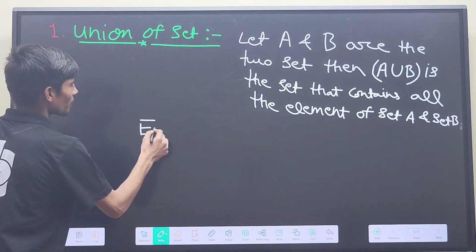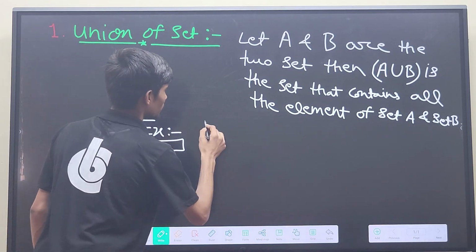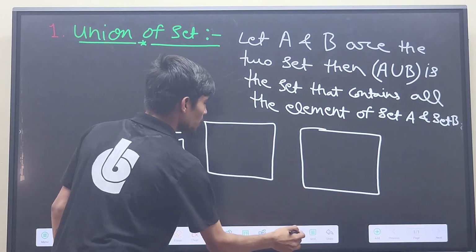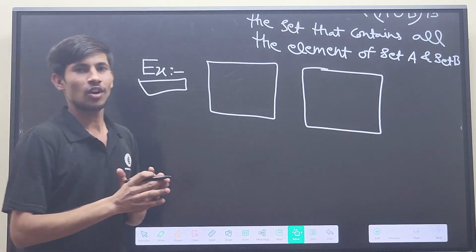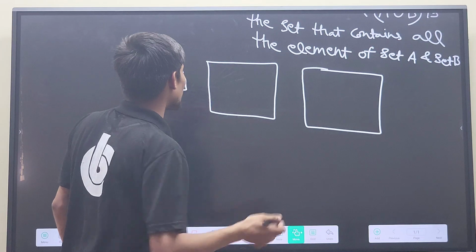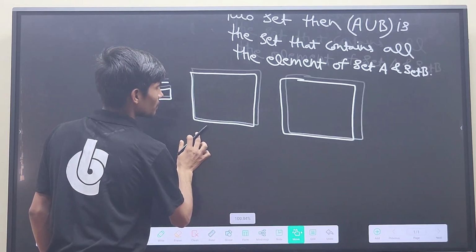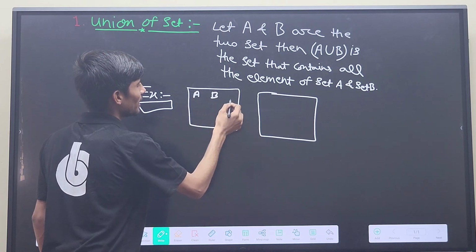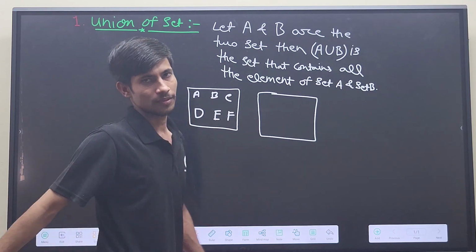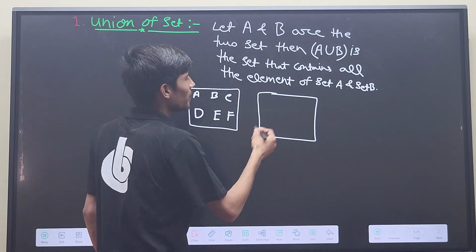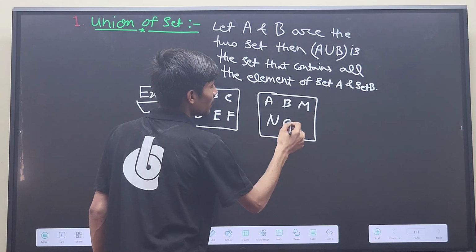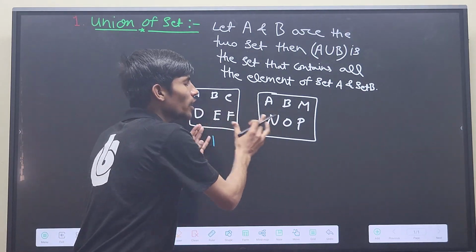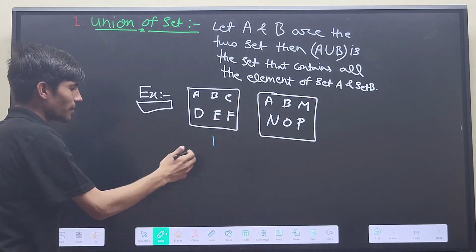Let's say we have two boxes, and in these two boxes there are some balls, or we can say some stickers in the form of alphabets like A, B, C, D, E and F. In the second box there are some other alphabets like A, B, M, N, O, P. Now I am saying make a single box such that all the alphabets must be in the same box.